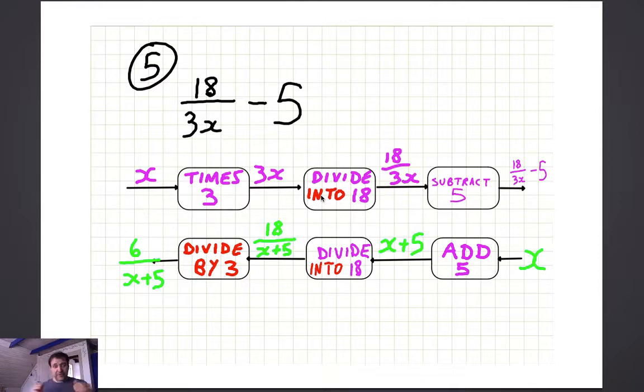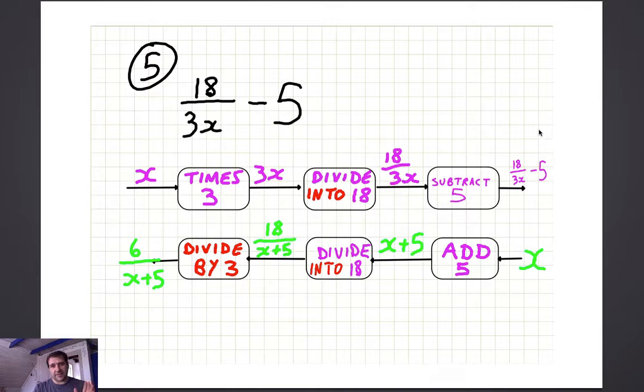So the box is going to say divide into 18 to get 18 over 3x. And then finally subtract 5 to get 18 over 3x minus 5.